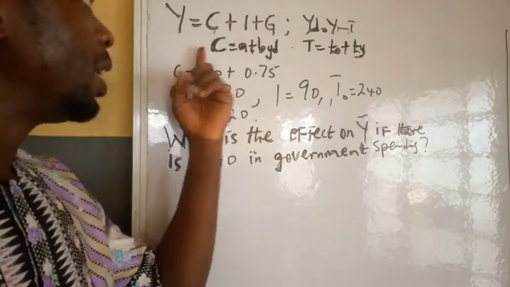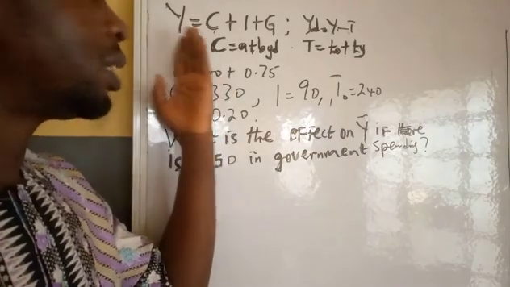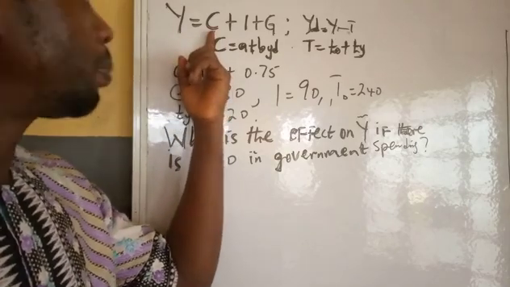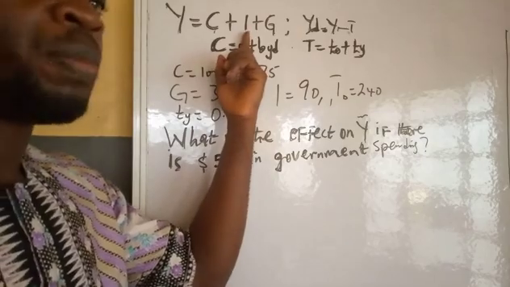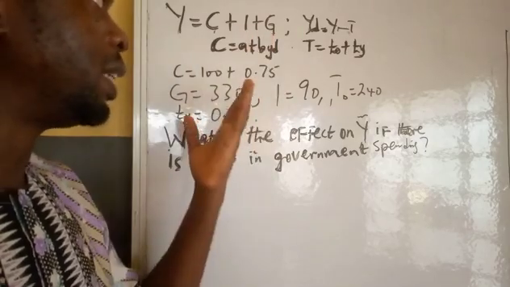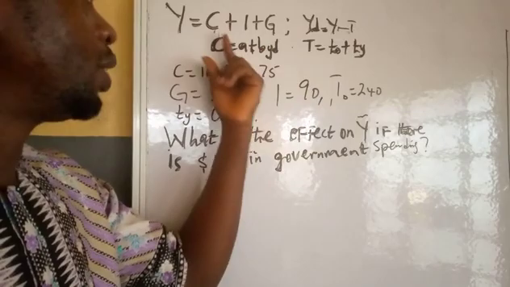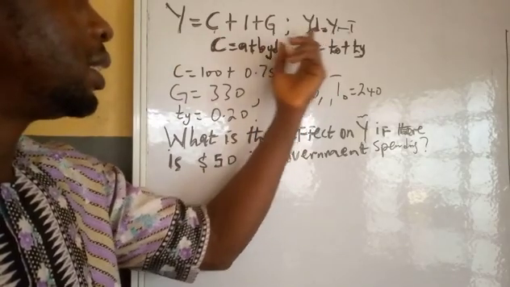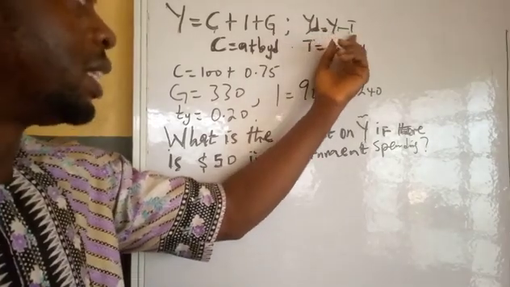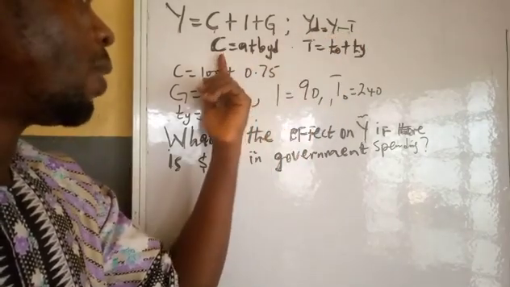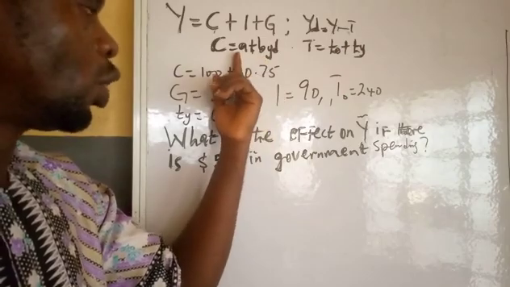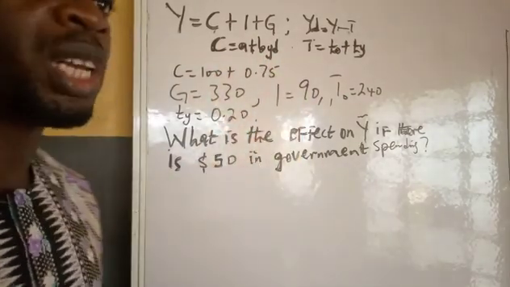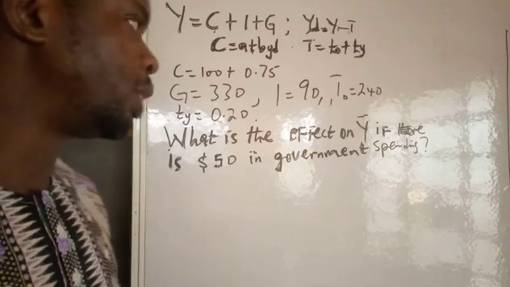As you can see, this is a three-sector model because we have private consumption, private investment, and government spending, and the function of each of these has been given here. Our yd is y minus t, which is disposable income, and our c is given here with autonomous consumption. This we've explained in our previous video, so let's quickly go straight to the question today.